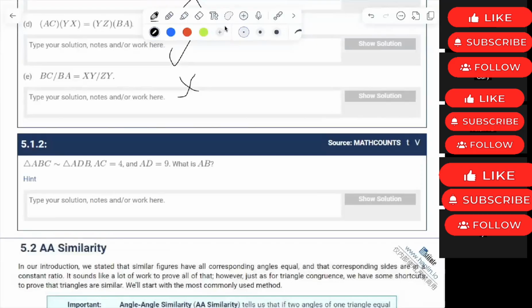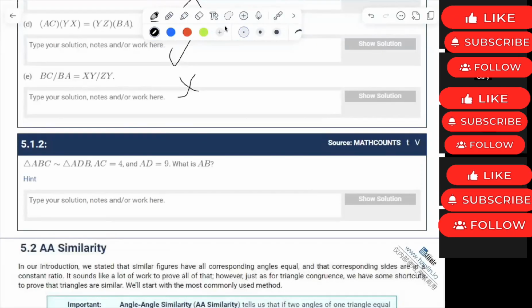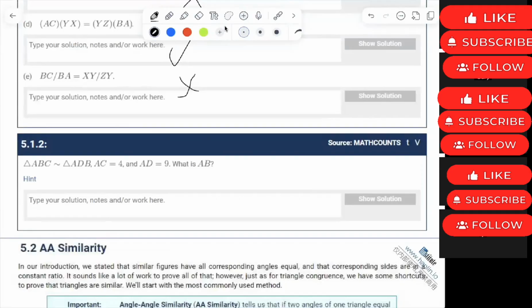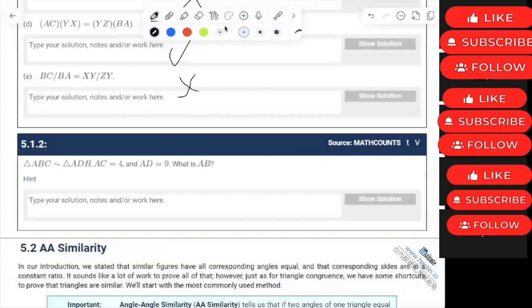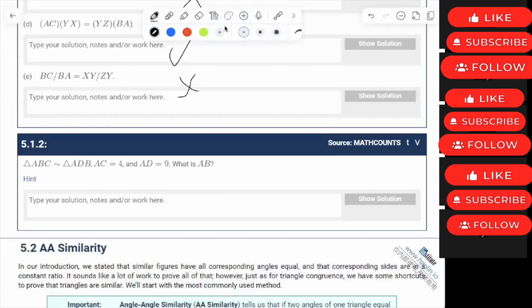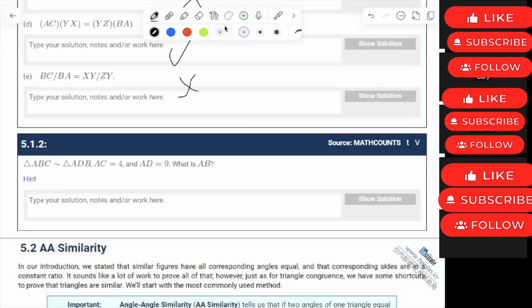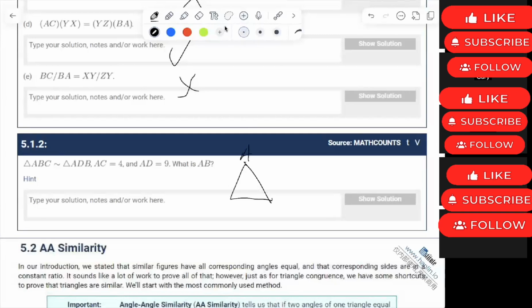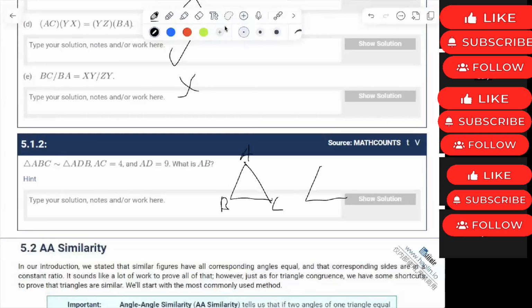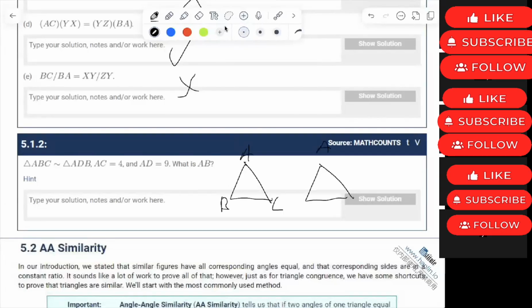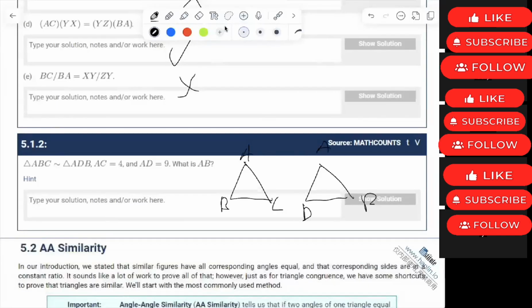Now, if ABC and ADB are similar, and AC is equal to 4 and AD is equal to 9, what is AB? So let's draw this diagram. Well, it's basically ABC, ADB.